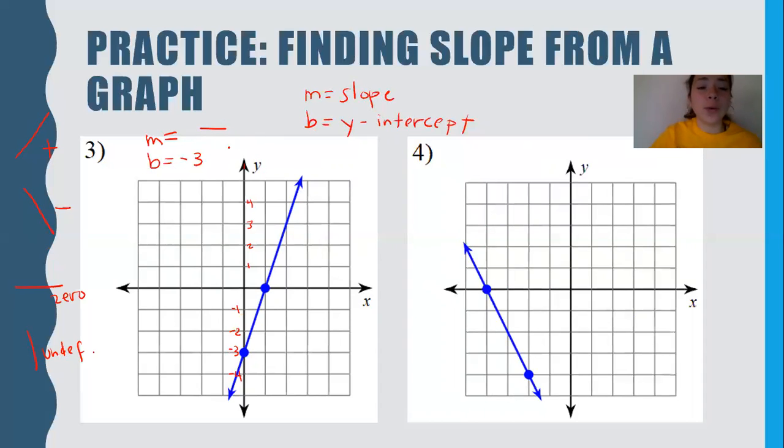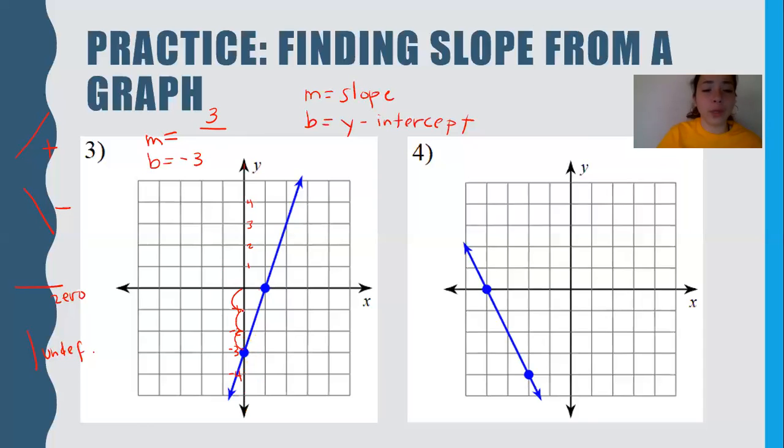We do rise over run. So from this point to that point, how many units does it go up by? It goes up by how many? 3. Good. And we want to do that because it's a positive slope. We don't need to write -3, okay?